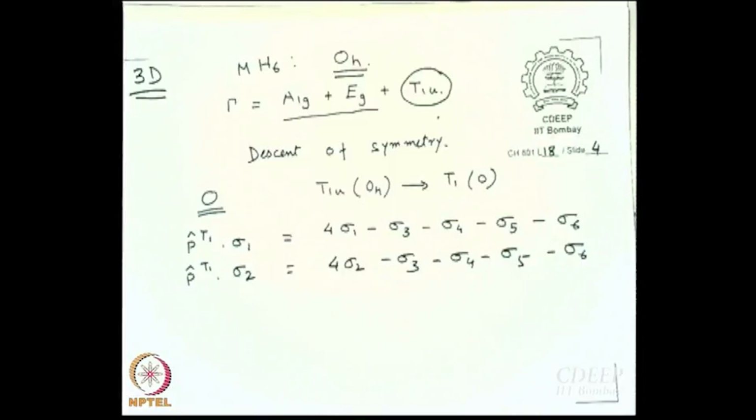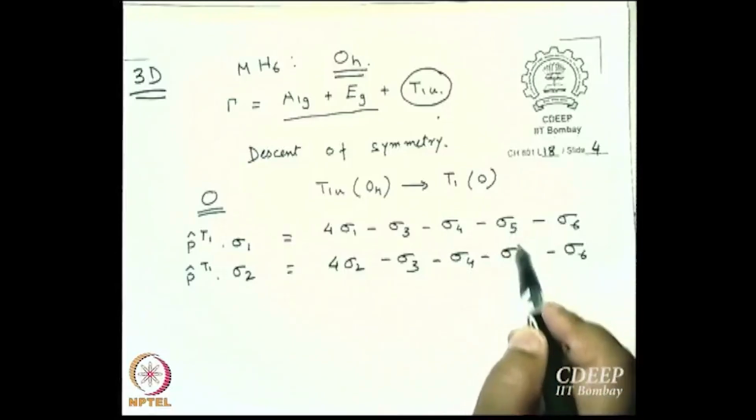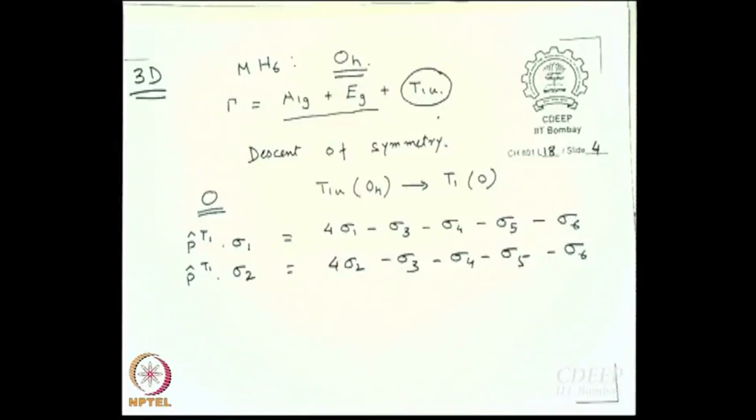Sigma 3 etc. are all normalized. Sigma 4 into sigma 4 is plus 1, minus sigma 5 into minus sigma 5 is plus 1, minus sigma 6 into minus sigma 6 is plus 1, and all other terms are 0, because sigma 1 is orthogonal to sigma 2, sigma 3, and so on. So, the only terms that survive are sigma 3 square plus sigma 4 square plus sigma 5 square plus sigma 6 square, which is equal to 4, not 0. So, these cannot be the SALCs; these have to be linear sums of SALCs.